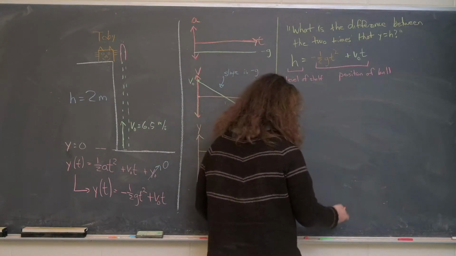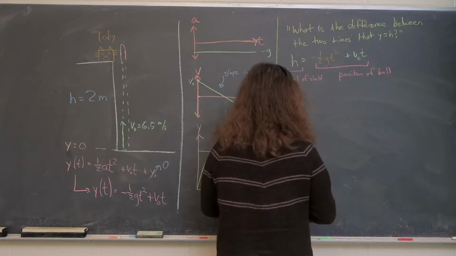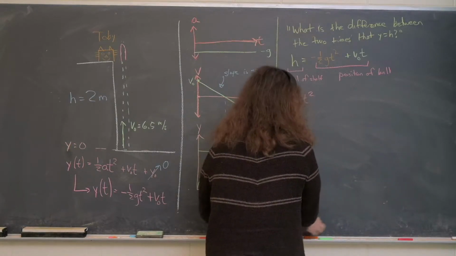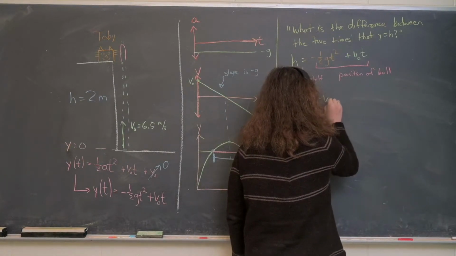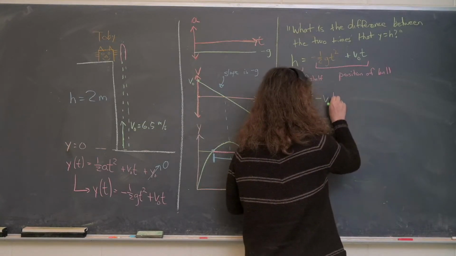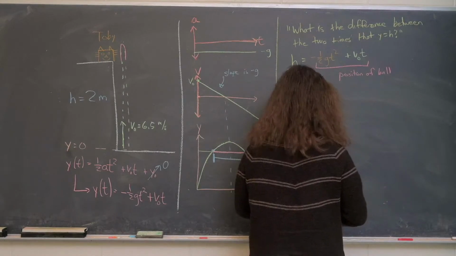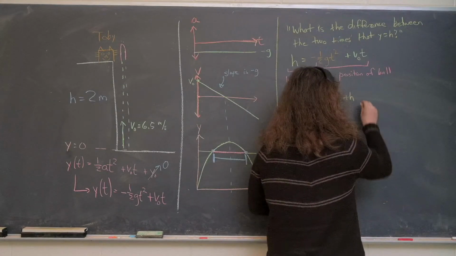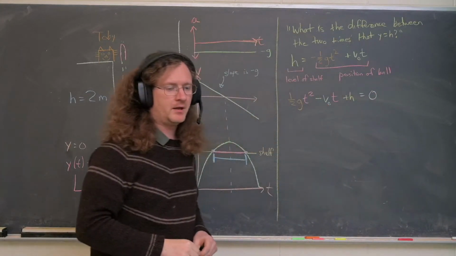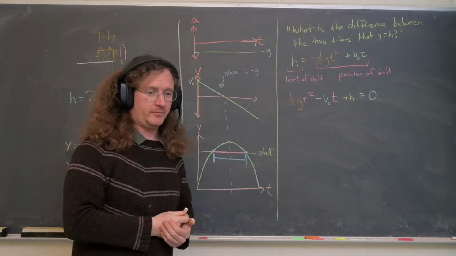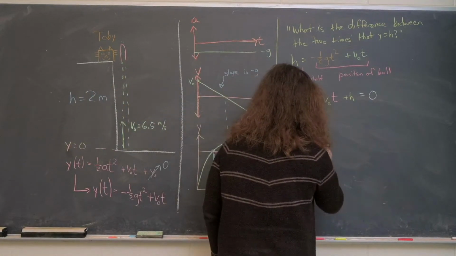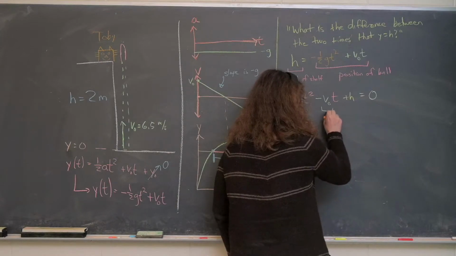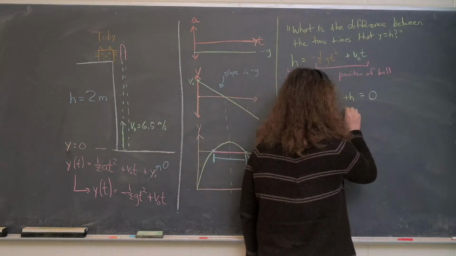So 1/2 gt squared minus v naught t plus h all equals 0. So I've got the quadratic formula that I know. I know this is A, this is B, and this is C.